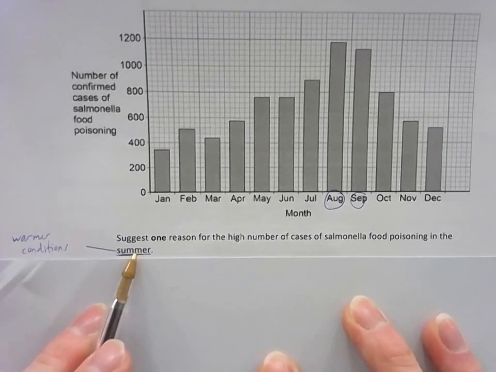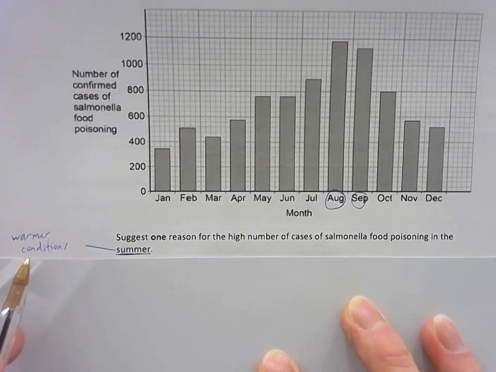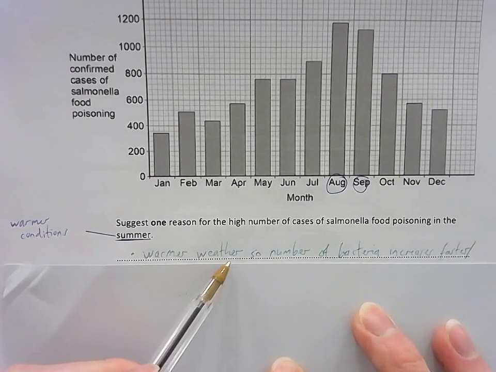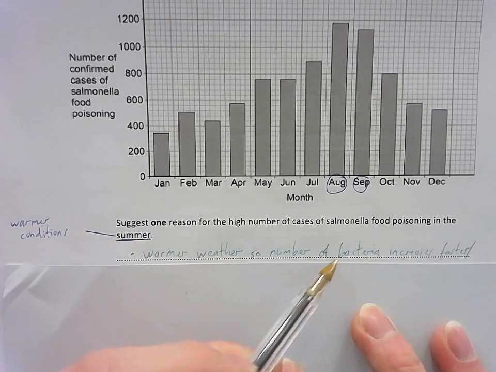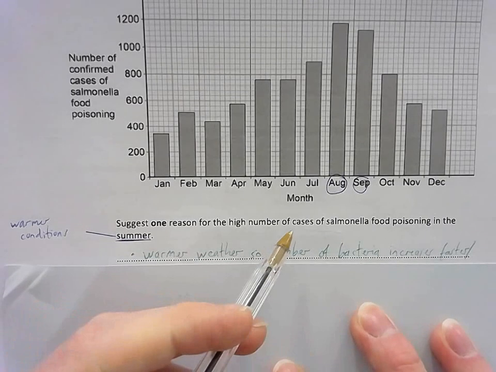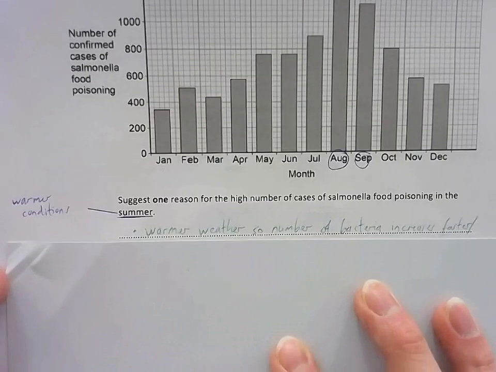So key bit here, the summer, there are warmer conditions in the summer, and that's going to link to the first thing I've written here, which is warmer weather, so the number of bacteria increases faster. So in warmer weather, bacteria can reproduce and multiply faster, and if there are more bacteria, a higher chance of there being food poisoning.